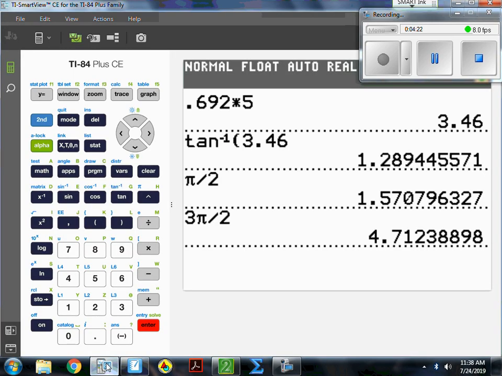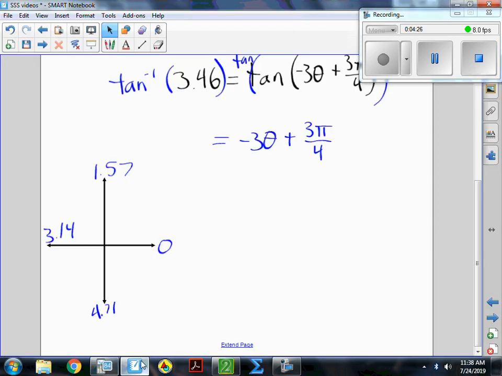So our calculator said the inverse tangent of 3.46 was 1.289. Okay, that's the radian measure that we were dealing with, 1.289. So if we look at the decimals here, we can see that 1.289 is going to be a quadrant 1 angle.